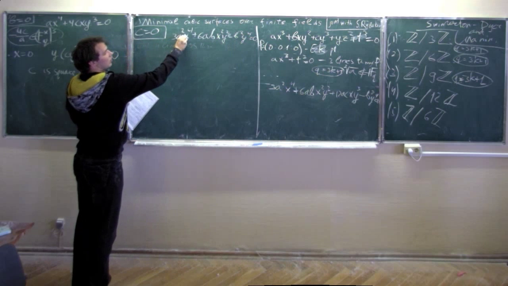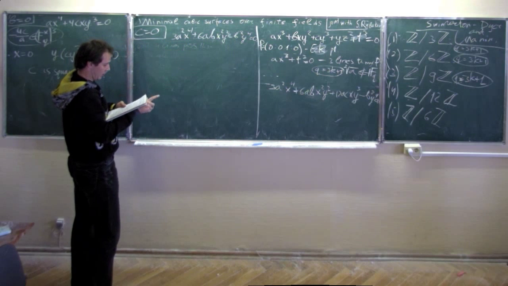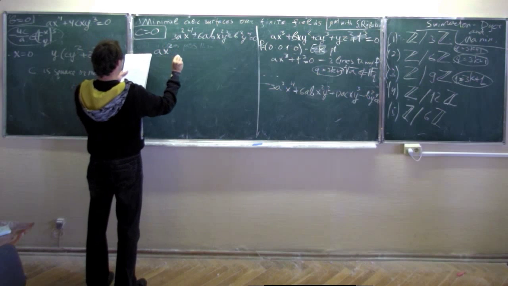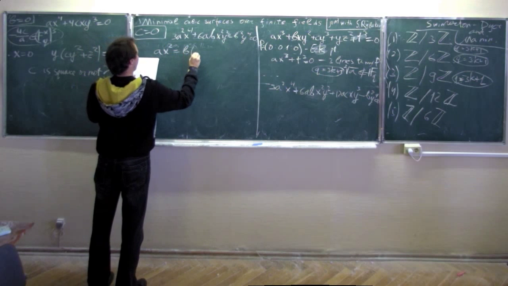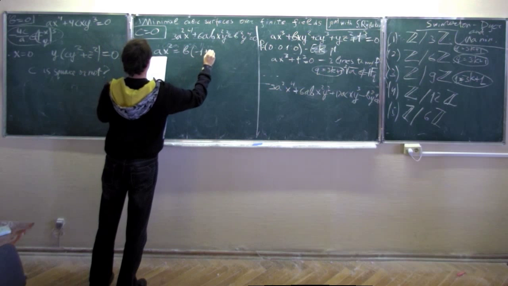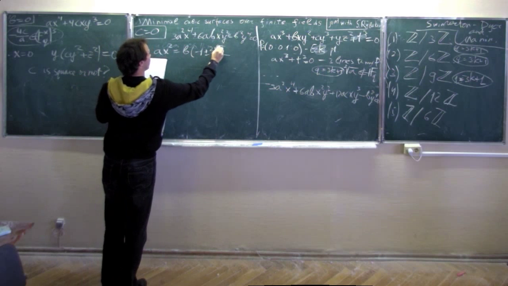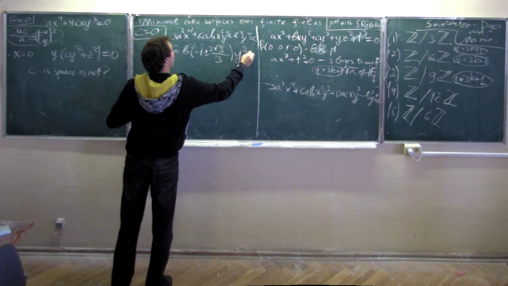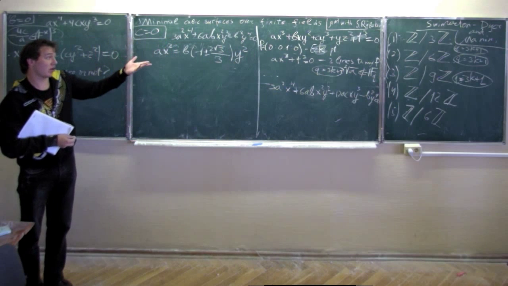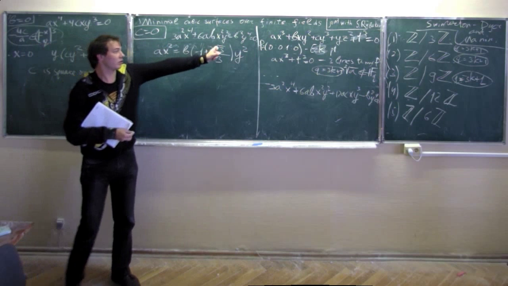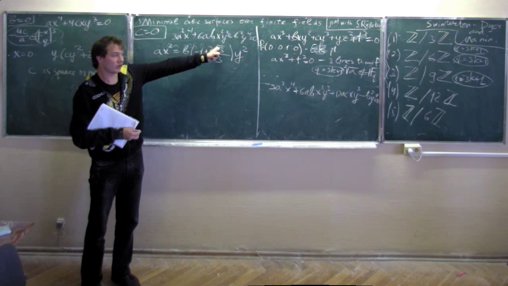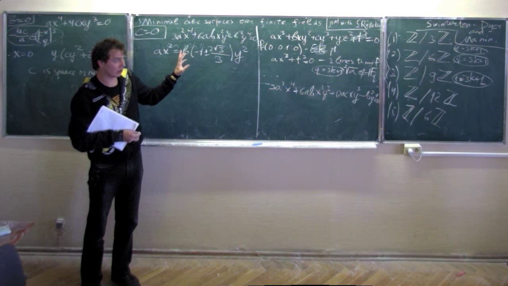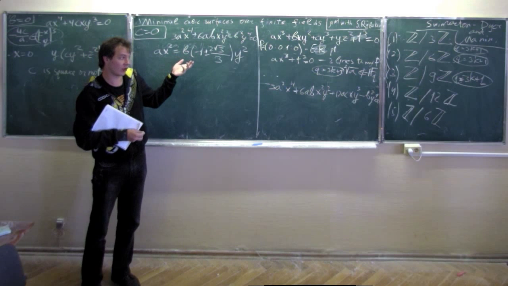One can easily compute it and say that a x squared equals b times (-1 plus or minus 2 root 3 over 3) y squared. What can we say about it? If this root doesn't lie in Fq, then we have immediately that all lines are not defined over Fq.